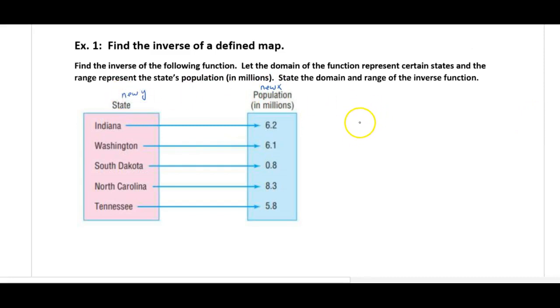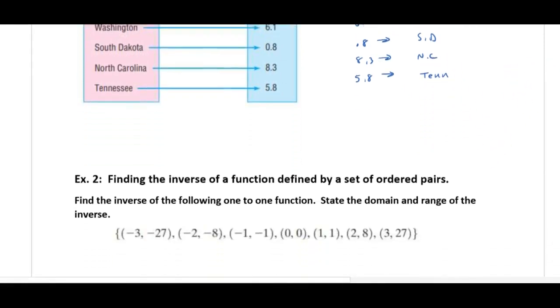If we had to write the inverse in a map again, I'm going to go 6.2, 6.1, 0.8, 8.3, 5.8, and now we're going to map these new inputs to the old inputs. So this would be Indiana, this would be Washington, this would be South Dakota, this would be North Carolina, and then Tennessee. And that would be the inverse of that function.